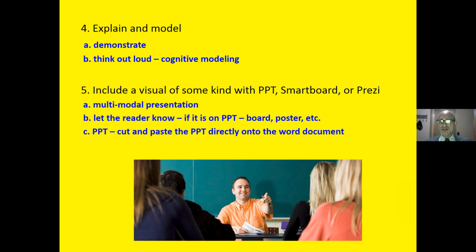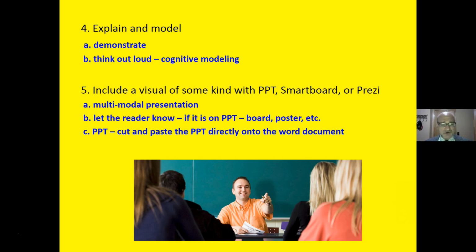Include a visual of some kind with a PowerPoint, Smartboard, or Prezi. This creates a multimodal presentation. Now, in the lesson plan, let the reader know if it's on a PowerPoint, board, poster, etc. You can't simply say, show the students this. We need to know how you're going to show them.